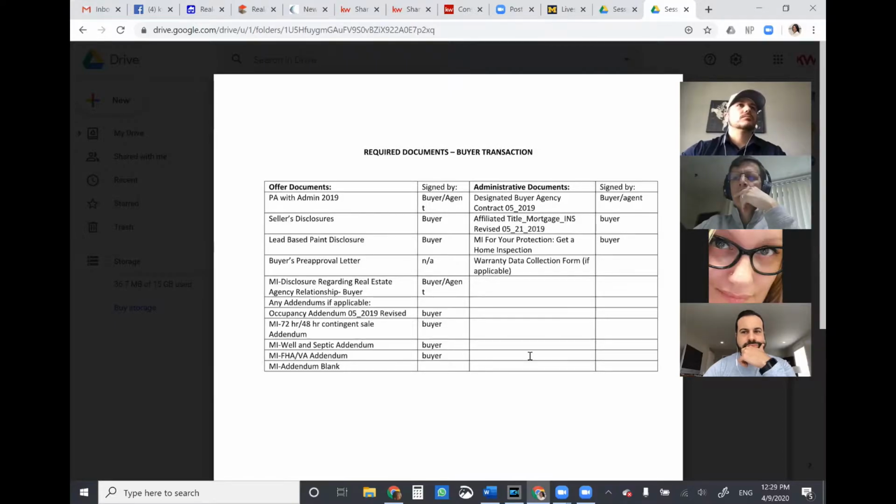But what's most important is on the left hand side of that chart, to make sure that those first 5 documents, without fail, are filled out and sent to the listing agent. The only variable, where it says buyer's pre-approval letter, would be if it's a cash transaction.